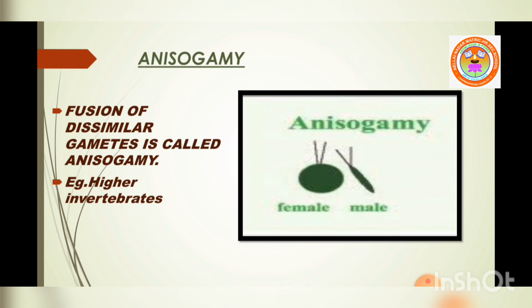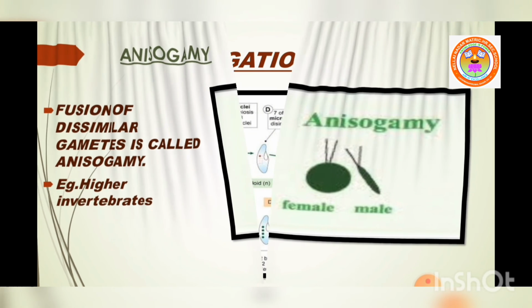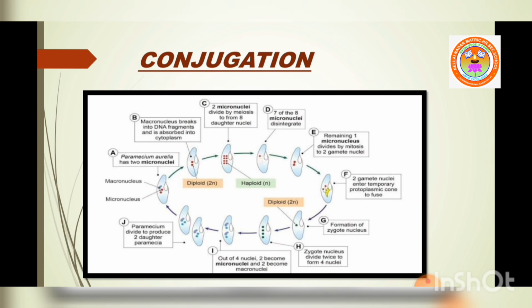Anisogamy occurs in higher animals, but it is customary to use the term fertilization instead of anisogamy or syngamy. Example, higher invertebrates and all vertebrates. So anisogamy, fusion of dissimilar gametes, but isogamy, fusion of morphologically and physiologically identical gametes. So these are all the different types of syngamy.